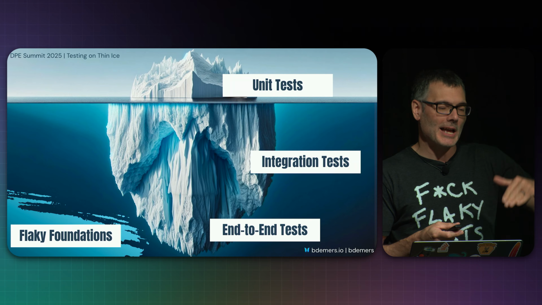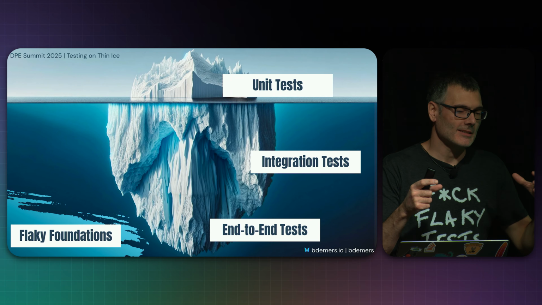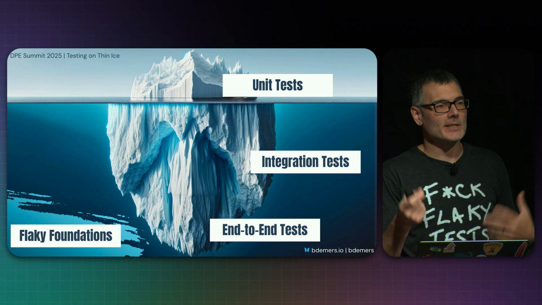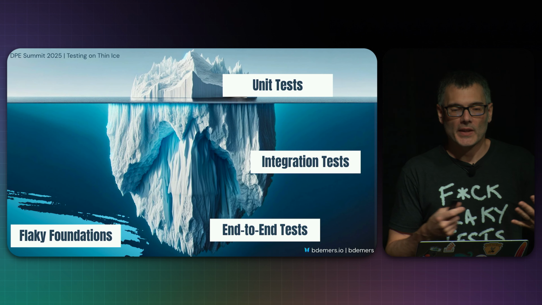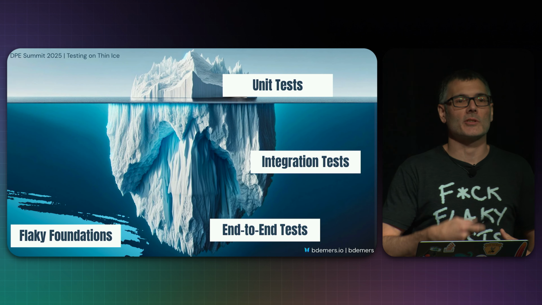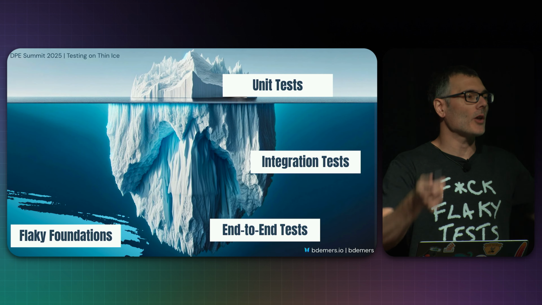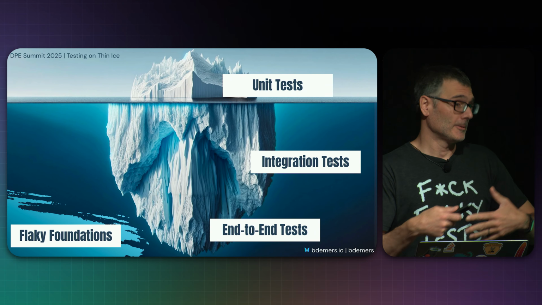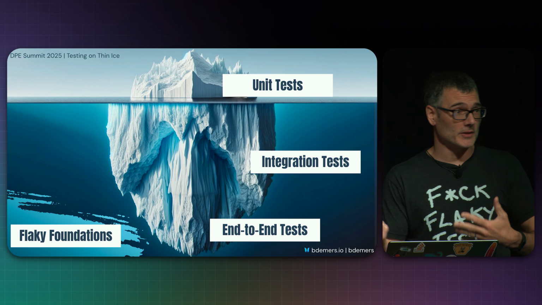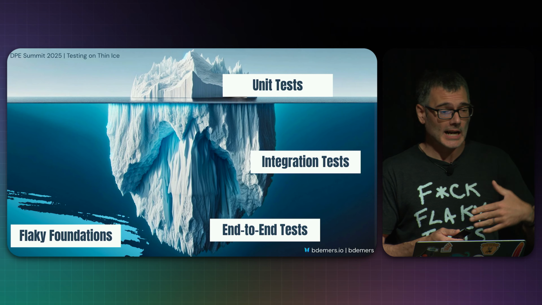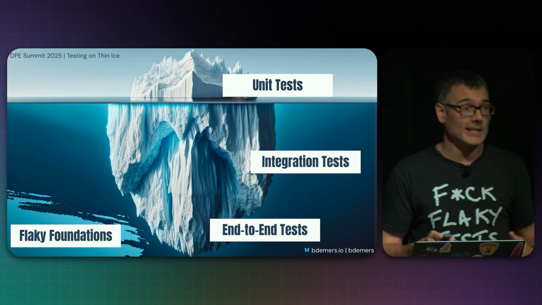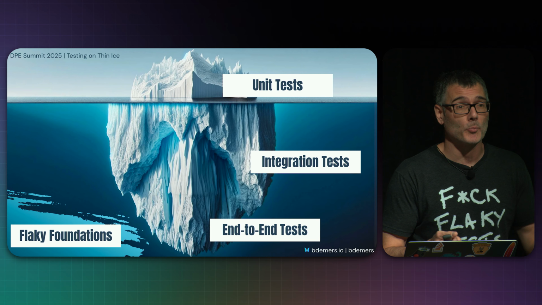And then as we go down, we have our integration tests. That introduces a little more volatility, if we think about it. Again, you have database connections or REST APIs or some other external system you depend on. Your tests are only going to be as stable as those systems. And then at the very bottom, we have those end-to-end tests. Now we're introducing potentially a browser. There's a bunch of browser configuration.